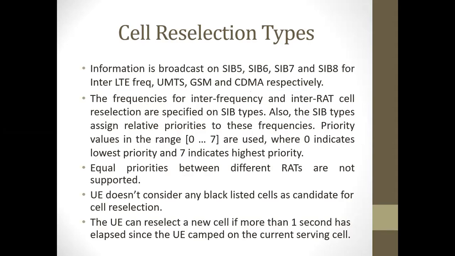Anyway, now there is some information on the SIB messages related to different radio access technologies, like SIB 5 to SIB 8. They are all dedicated to cell reselection and mobility purposes.